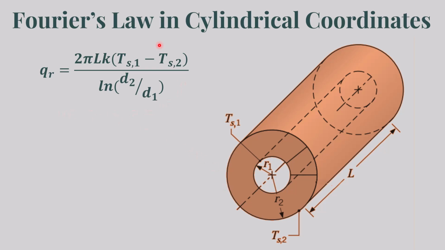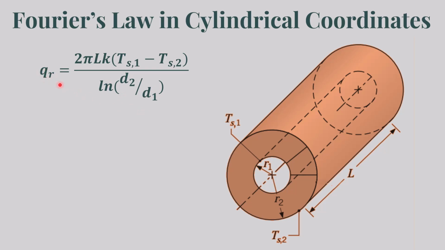Now, this is the form of Fourier's law in cylindrical coordinates. So suppose you have this geometry, which is a common geometry, for example, in tubes or for insulations. You can see there is an inner diameter or inner radius and an outer diameter or radius, denoted R1 and R2. And this formula is written based on the ratio of diameters, but D2 over D1 is equal to R2 over R1, so no difference.